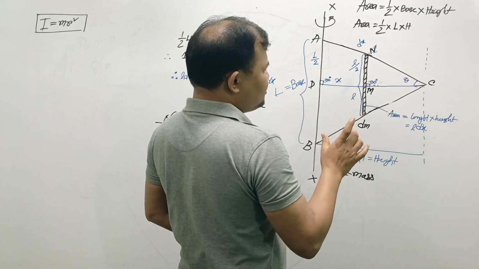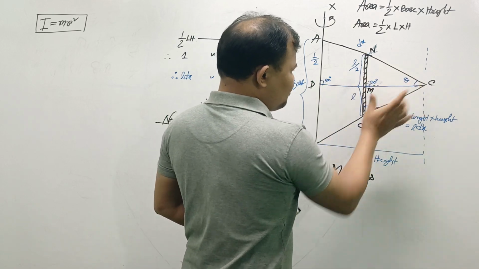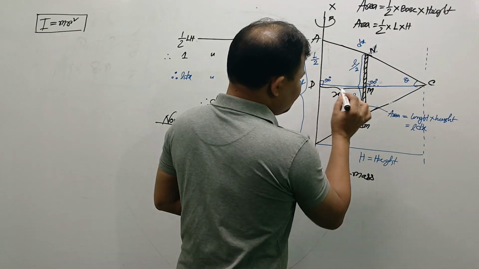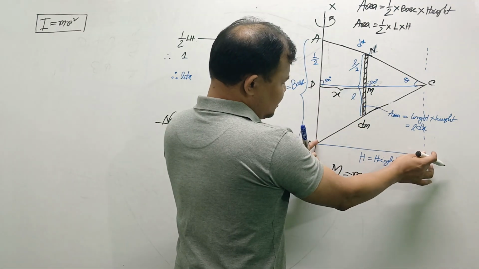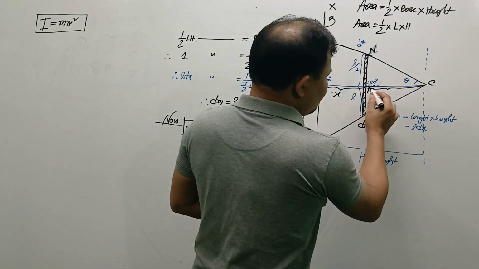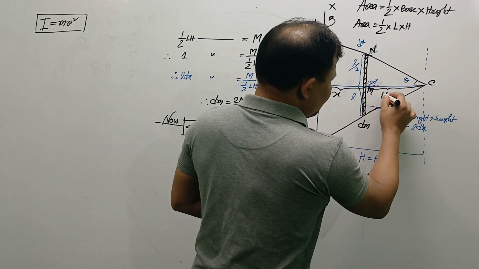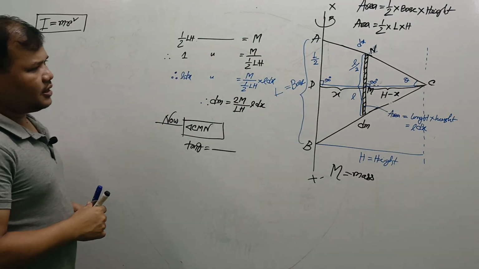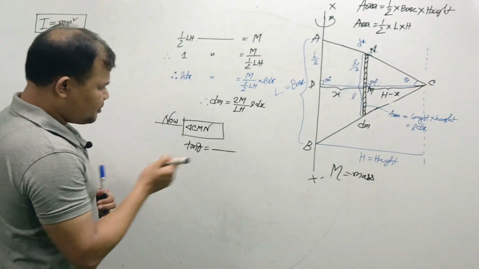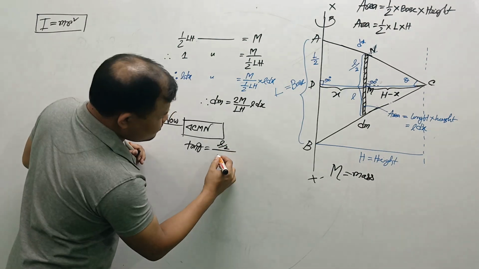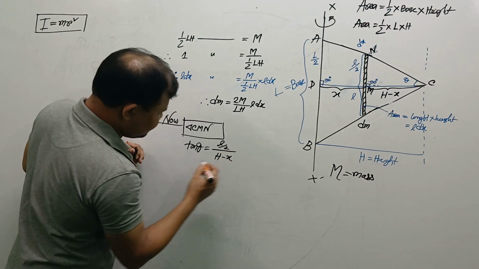Our first duty is to measure the base. As the value of this is x and the total height is h, the value of CM will be h minus x. Now we put the value here: height l divided by 2 and base h minus x.